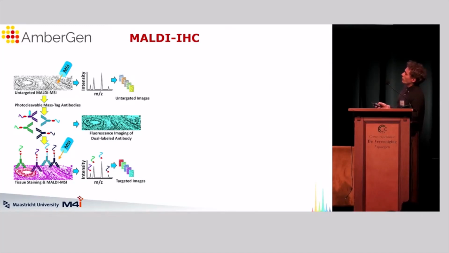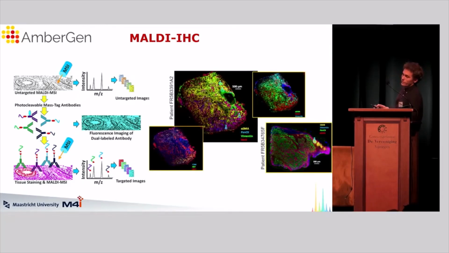And then when you stain your tissue with these antibodies and release the mass tags just with UV radiation, you can do targeted imaging instead of untargeted imaging, because you image the released mass tags instead of the actual targets in the tissue. So that allows us to do really nice multiplexing images here, which sort of goes around the standard issues that you would get with just fluorescence imaging regarding wavelengths overlapping.